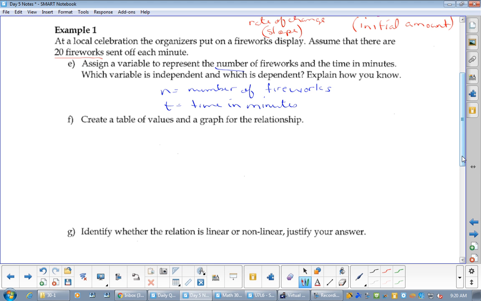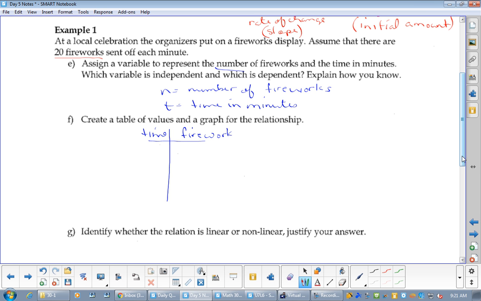No, it wouldn't be wrong, as long as you say them correctly. There's one that you're just going to always use: T is time. Time, fireworks.